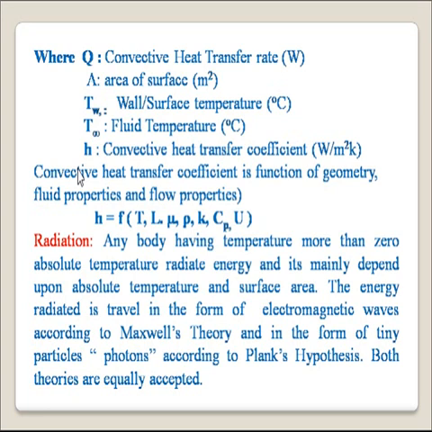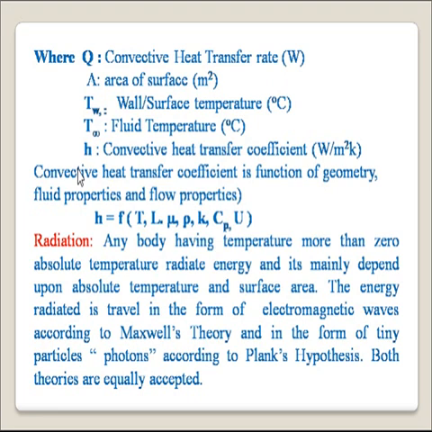Convective heat transfer coefficient is a very complicated, complex parameter in heat transfer and is a function of geometry, fluid properties and flow properties. So there is no specific relation or formula to determine h, but we have thousands of correlations for different fluid properties, flow properties and geometries.